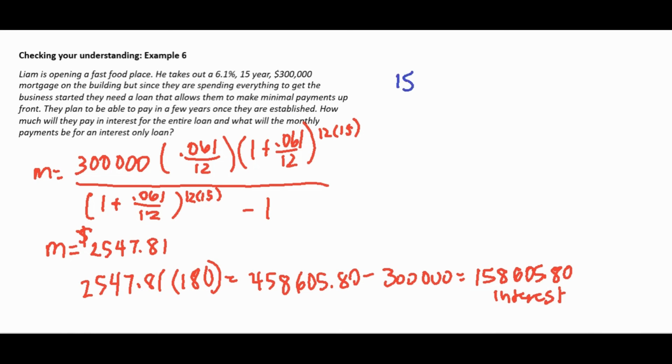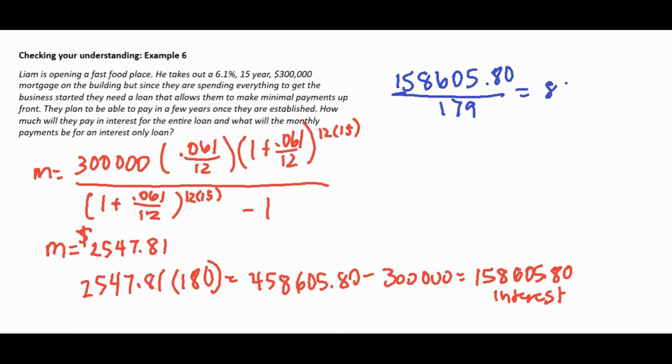So if there's 180 payments, I'm going to take the interest portion, that $158,606, and I'm going to divide that by 179, because the very last payment, the 180th payment, is going to be a balloon payment for $300,000. The last payment is a huge payment, but every payment up until then is going to be only the interest, broken up into 179 payments.